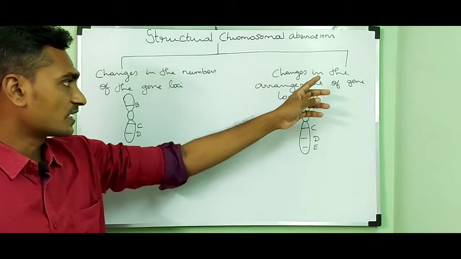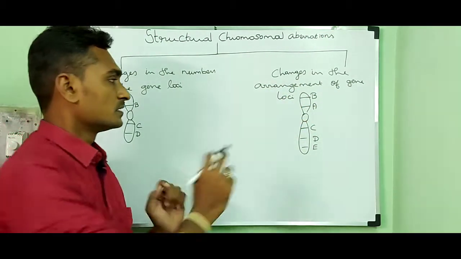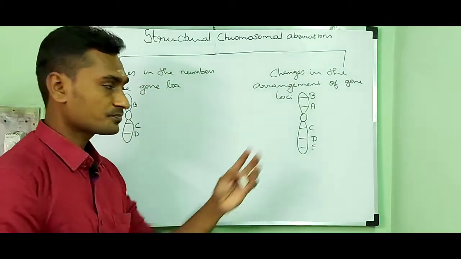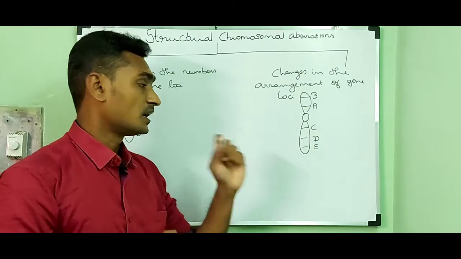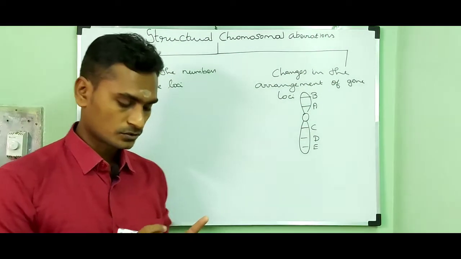So changes in the arrangement of gene loci means the rearrangement of alleles takes place in the chromosome.